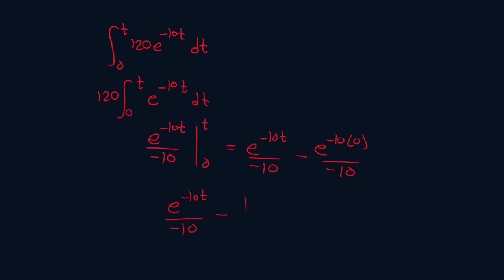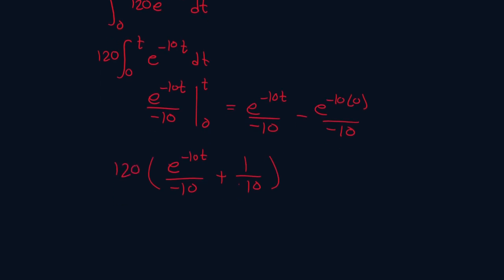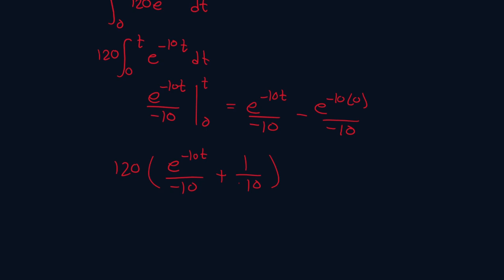So it'll be just 1 all over minus 10, and so it'll be plus 1 over 10 here, times 120, because recall that was there. So 120 divided by minus 10, that's minus 12e^(-10t) plus 12.